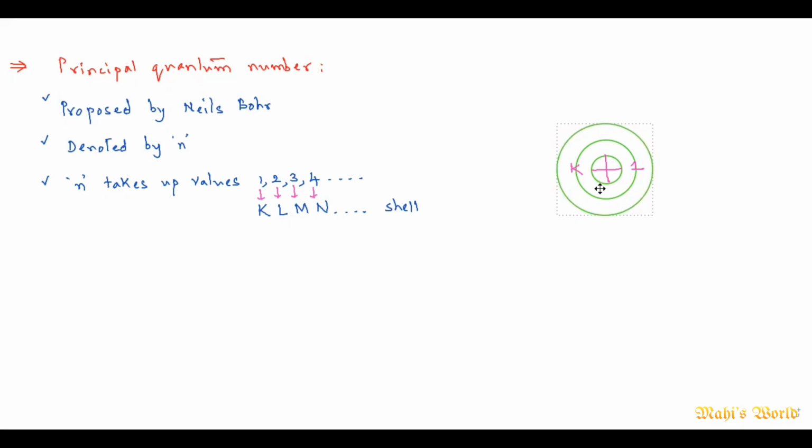Coming to the second orbit, we call it L shell. If it is the third orbit, we call it M shell.